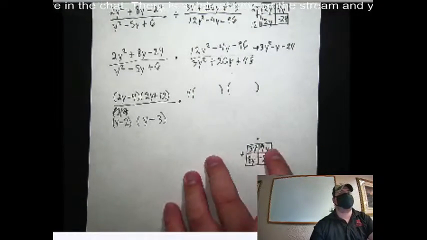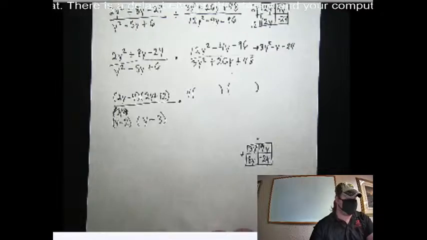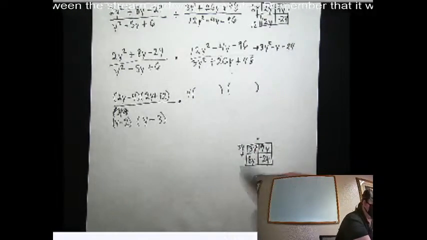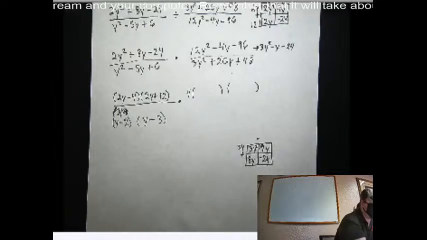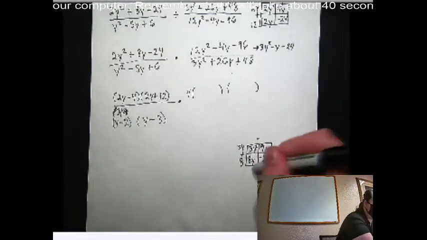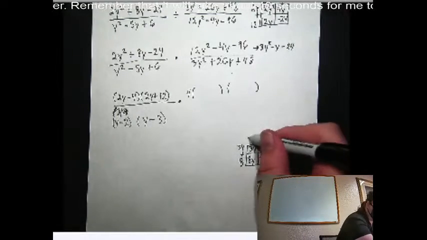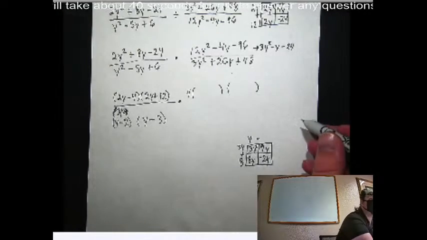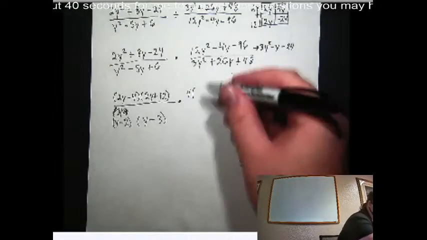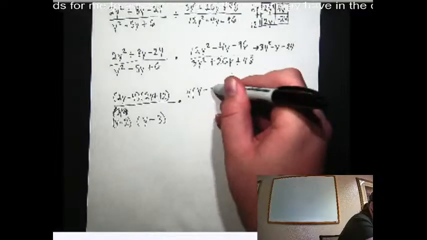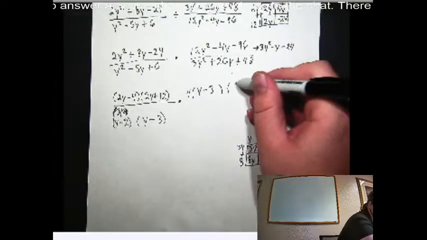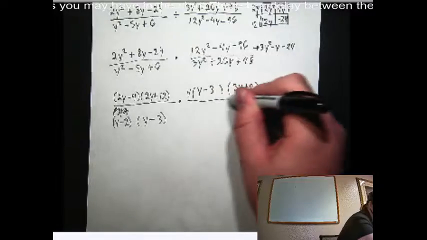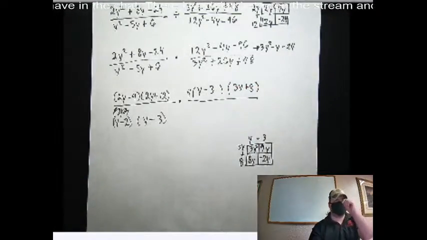So what can we take out of this first row? 3y. Second row. Good. First column. Good. Second column. 3. All right, so our two factors are y minus 3 and 3y plus 8. Oh, getting close.